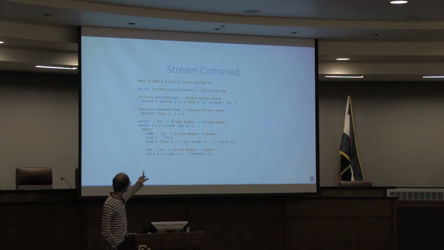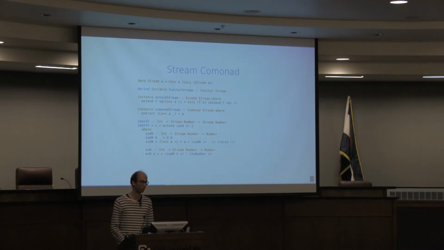So we can just sum n, which sums the first n values, and average n averages them, and then you can use extend to get a stream, and that's how the Comonad machinery works.